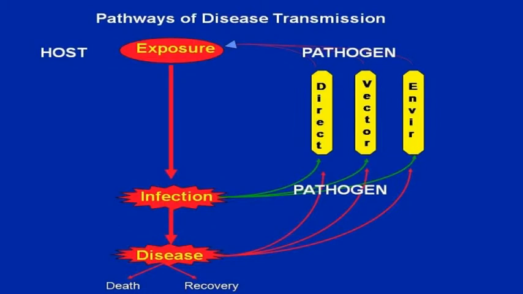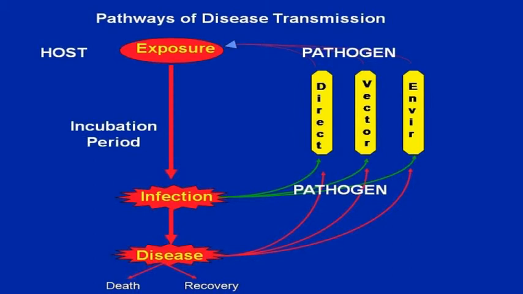Then patients usually recover and some of them die. That's the clinical setting. However, field epidemiologists are working for the human population, so we are thinking about this cycle. It may be quite difficult to understand this chart, so I will give you some examples.